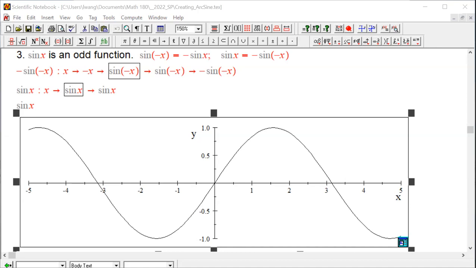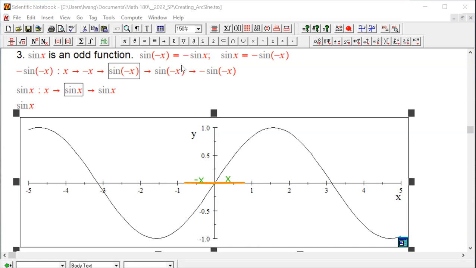Now, if this is x, we're going to use the golden color because that reminds us of the arc length or the radians. I'm choosing x arbitrarily. If this is x, its opposite is going to be on this side. So this is x, and this side is going to be negative x. What will be the output?